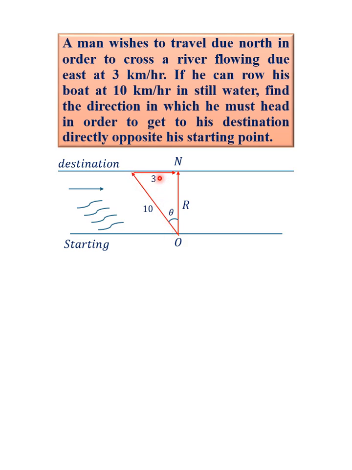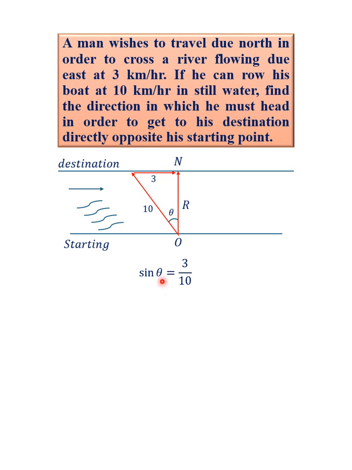So if we do opposite over hypotenuse, we are definitely going to be using sine. So we can say that sine theta is equal to 3 all over 10, because 3 is the opposite of the angle, all over 10 because 10 is the hypotenuse of the right-angled triangle.